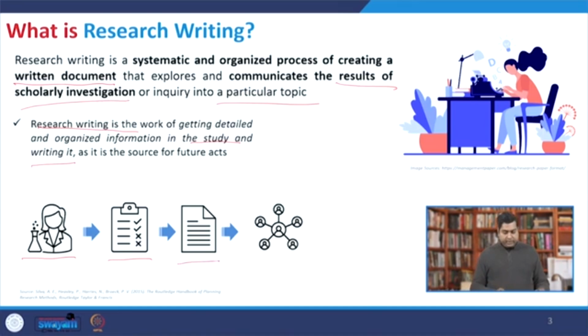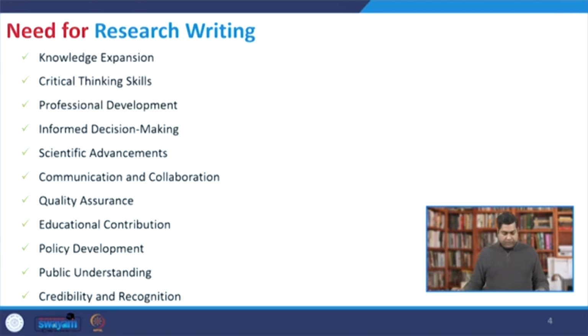So then it is the proper documentation and writing it, and the main idea is to disclose it, to disseminate this particular knowledge that you acquired through your research to other researchers, so that this way research can progress in the right direction.